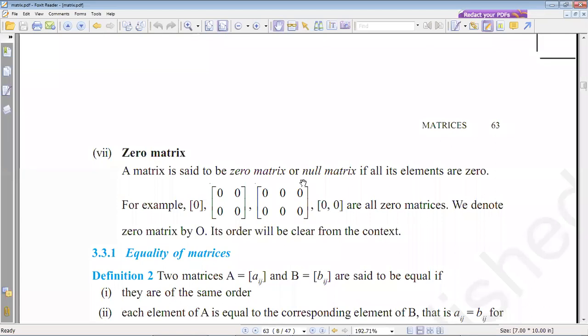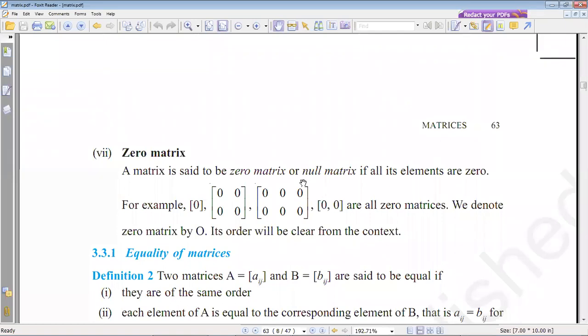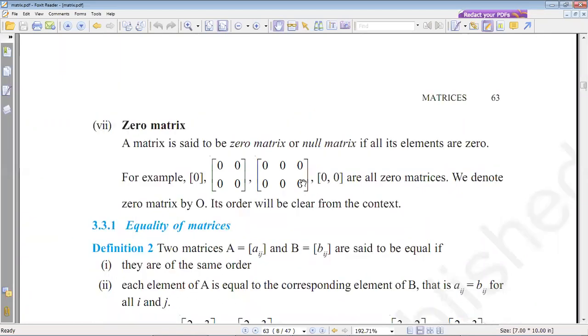Besides this, you will get some more matrices. These are called triangular matrix, Hermitian matrix, skew Hermitian matrix. Later I will discuss about this.